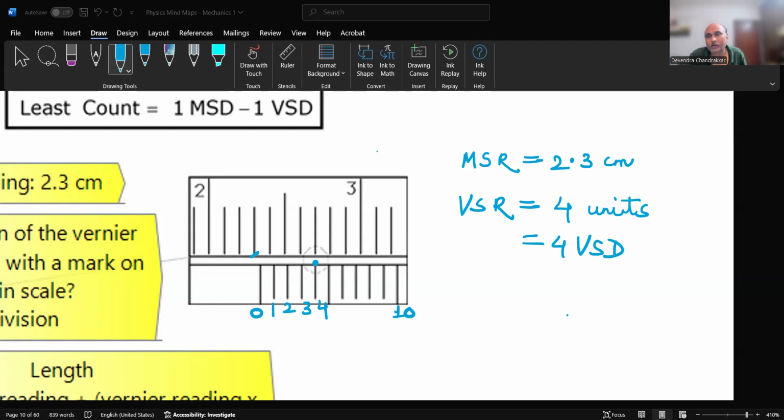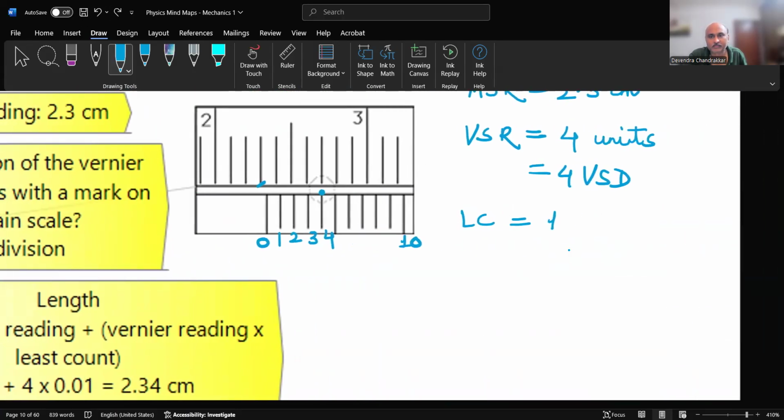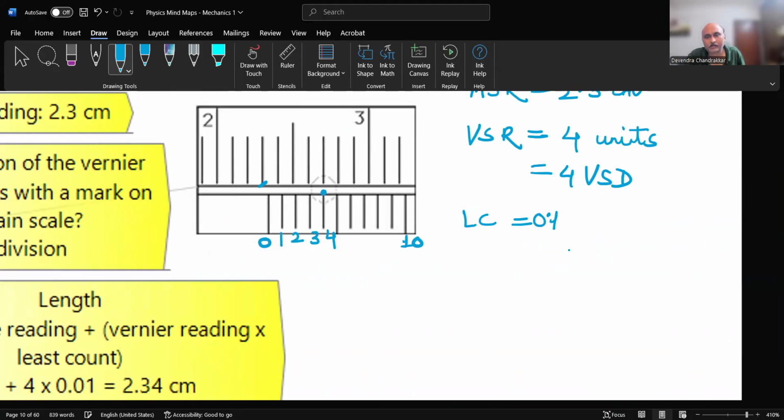So this is 4 VSD. Now, how do I write it in centimeters? I have to find the least count. In this case, the least count is 0.1 millimeter.